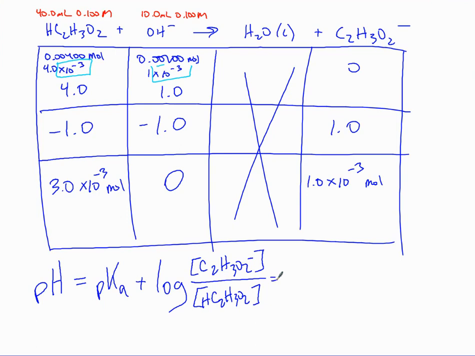So we know the Ka value. pKa means the negative log of the Ka, which was 1.8 times 10 to the minus fifth. Plus, here we're going to put the log of, make sure you use the actual numbers, acetate is 1 times 10 to the minus third over acetic acid, 3 times 10 to the minus third.